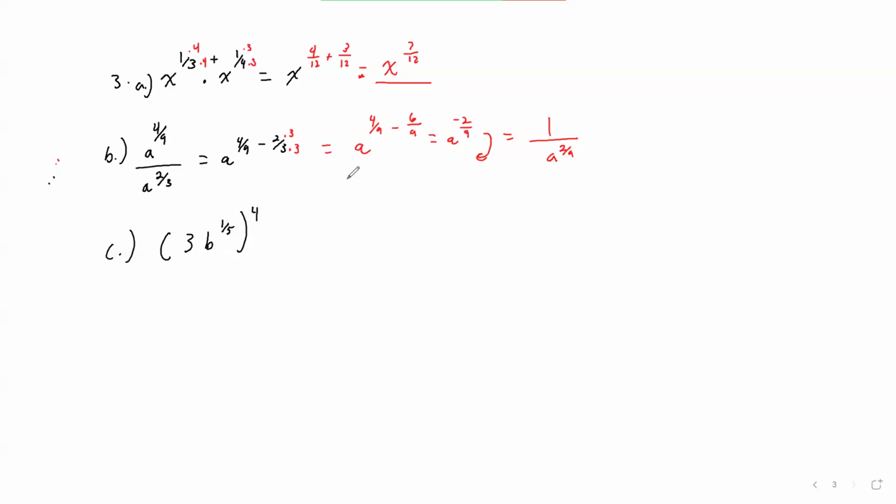Multiply what? Okay, I agree. As an exponent? Perfect. So that does become 3 to the 4th power. And what is 3 to the 4th power? 81. And then what's 1/5 times 4? 4/5.